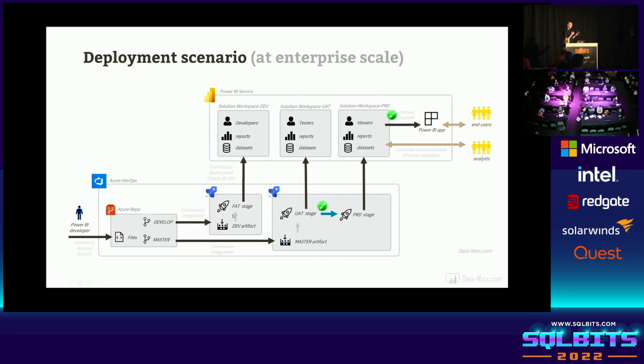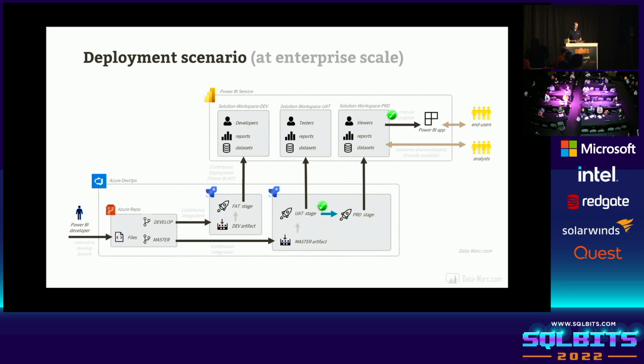As soon as I'm confident that I finished this task, I will merge the development branch with the master branch, and it will start a continuous integration process where it will publish the master artifact, which is packaged together, to my UAT or test workspace. In this workspace, my testers have access.